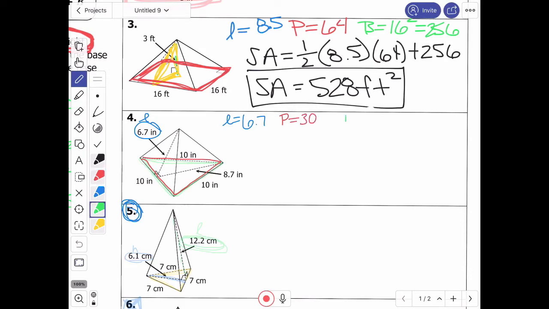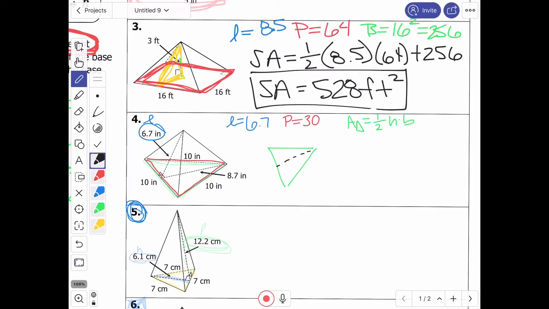And then the area of the base is going to have to be 1/2 times the height times the base length, okay? So if I just draw this triangle out again, it would be something like this. We're going to pretend it's equilateral. That's a little bit better. And then there's this 8.7 dotted line in the middle. That 8.7 line is the height of my base.